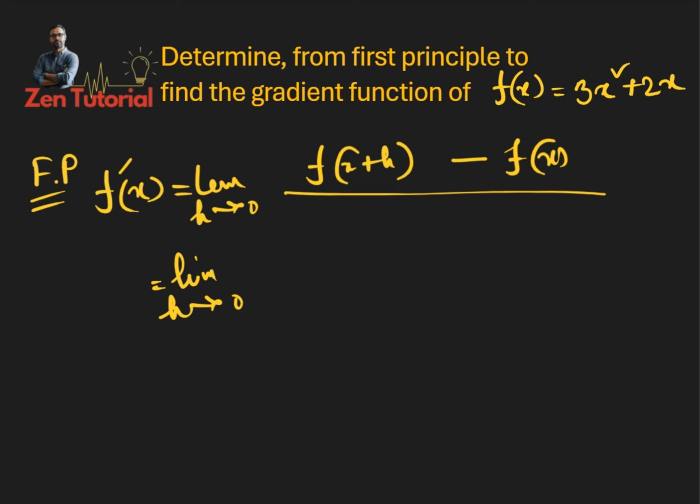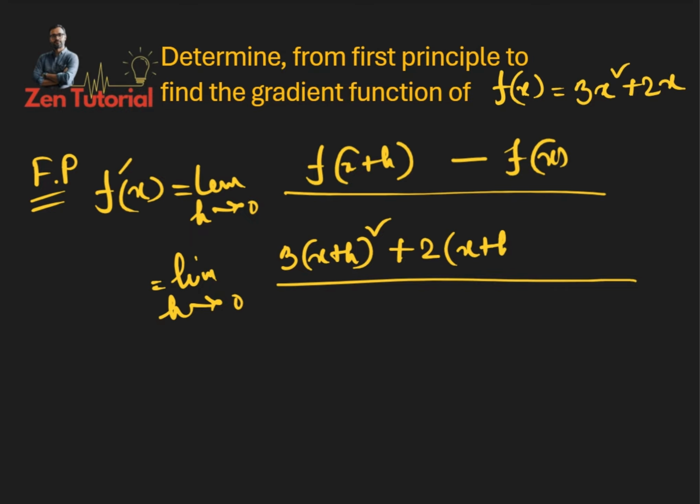Here the function is f of x plus h, so let's plug in x plus h instead of x. So here 3 times x plus h whole square plus 2 times x plus h minus, let's use the bracket, the function f of x, meaning 3 x square plus 2x, and of course here h.